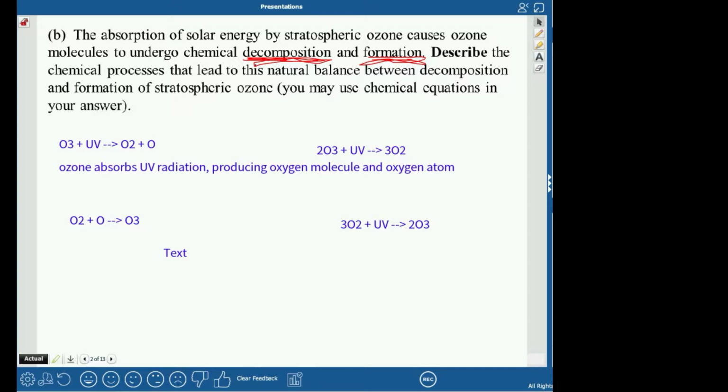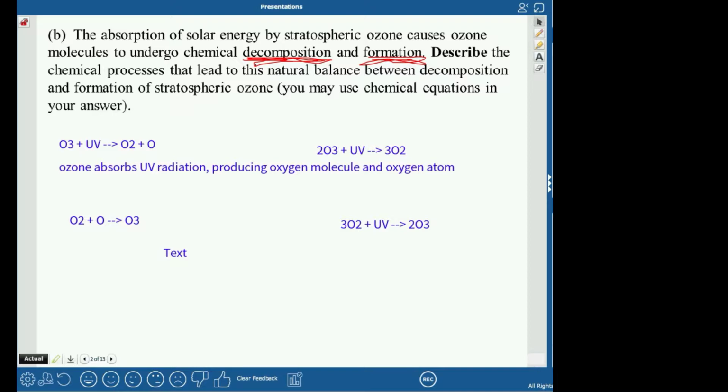And then you can say that an oxygen molecule reacts with an oxygen atom to form ozone, or let me see. Will this let me do another? Yeah, cool.